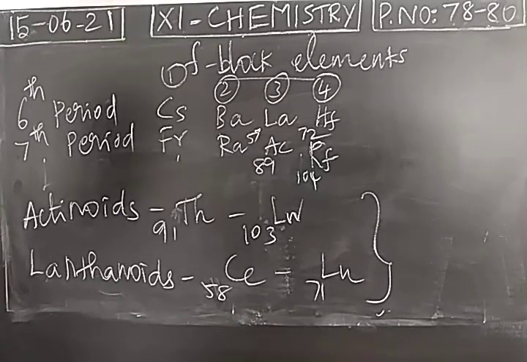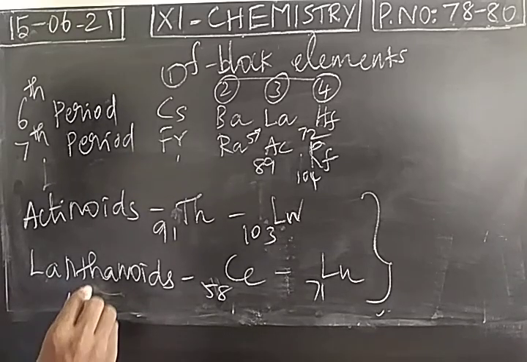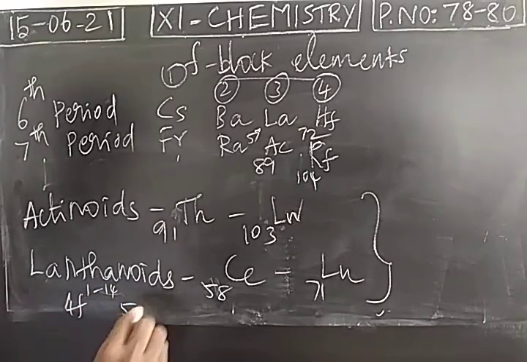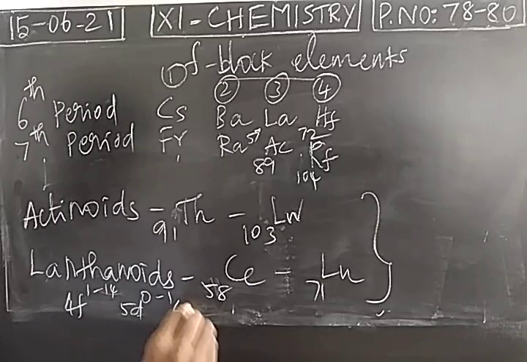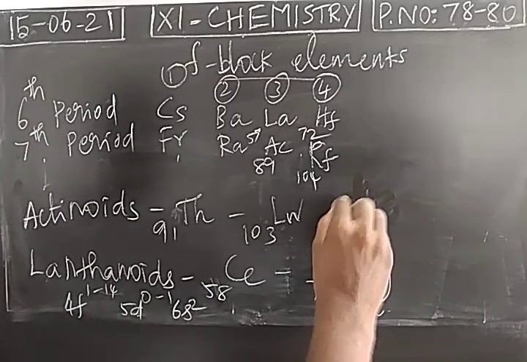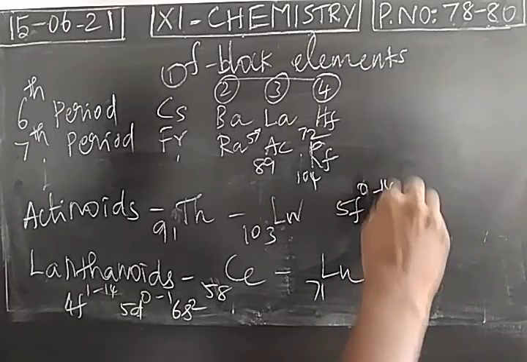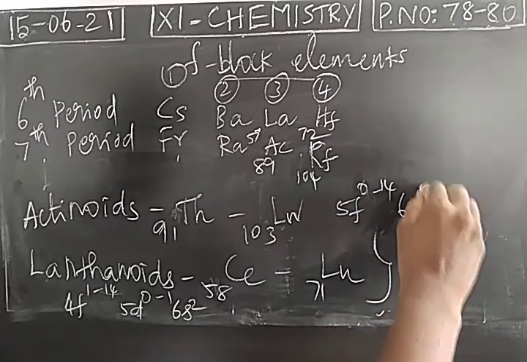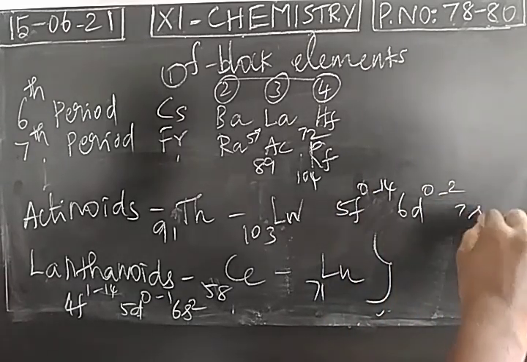The general electronic configuration of lanthanides is 4f 1 to 14, 5d 0 to 1, 6s2. The same way for actinides we may write 5f 0 to 14, 6d 0 to 2, 7s2.